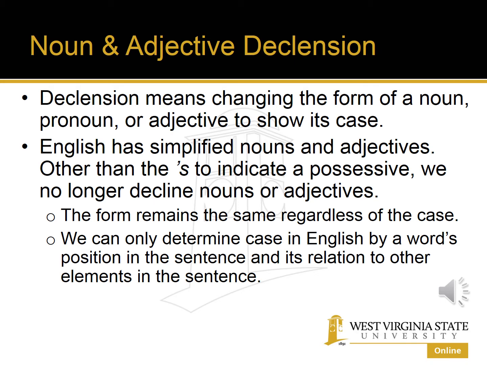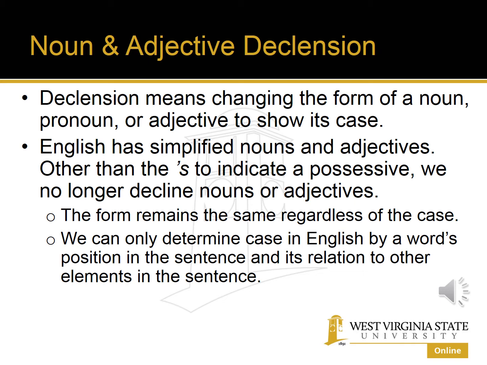English has greatly simplified declension in nouns and adjectives. Other than the apostrophe s to indicate a possessive, we no longer decline nouns and pronouns. So the forms remain the same regardless of the case, and we can only determine case in English by a word's position in the sentence and its relation to the other elements in the sentence.